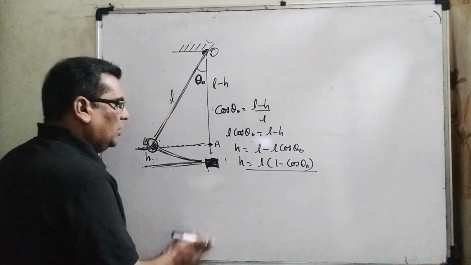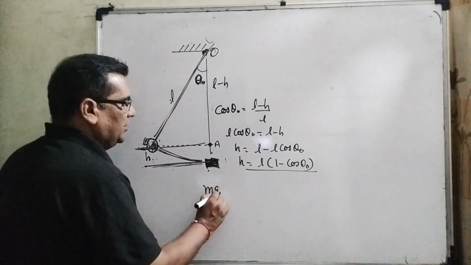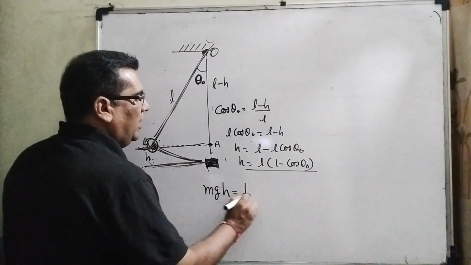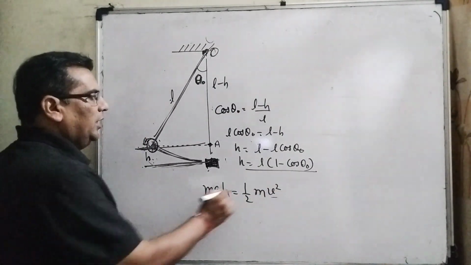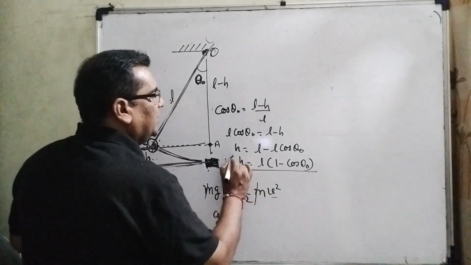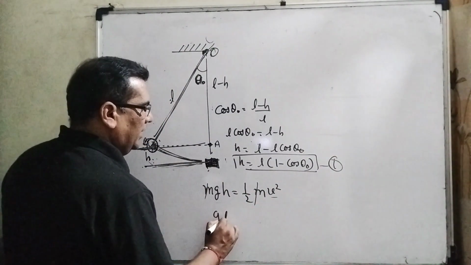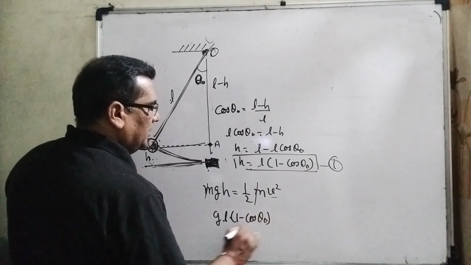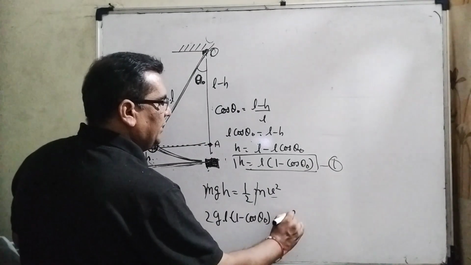Now the collision is perfectly elastic. It means the potential energy, mgh up to height h, and half mv square are equal. m gets canceled out, and substituting the value of h, L into 1 minus cos theta naught, equals half v square.